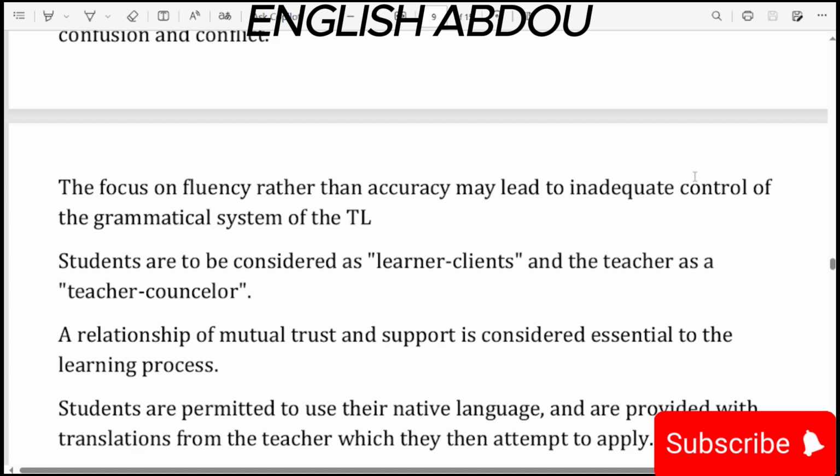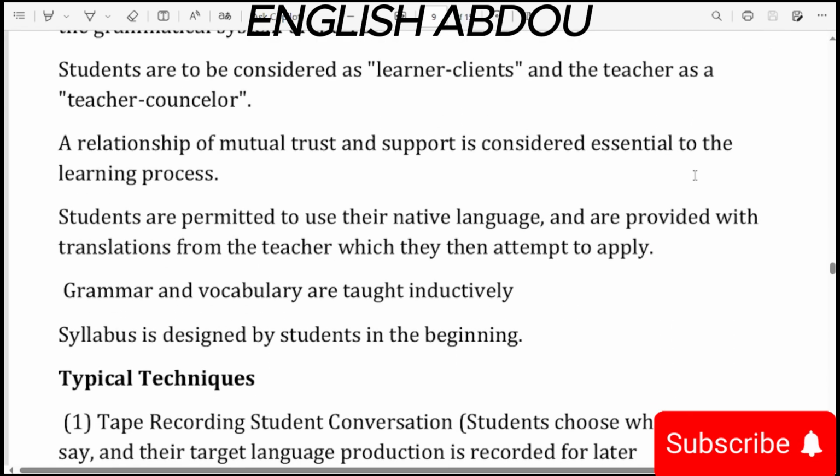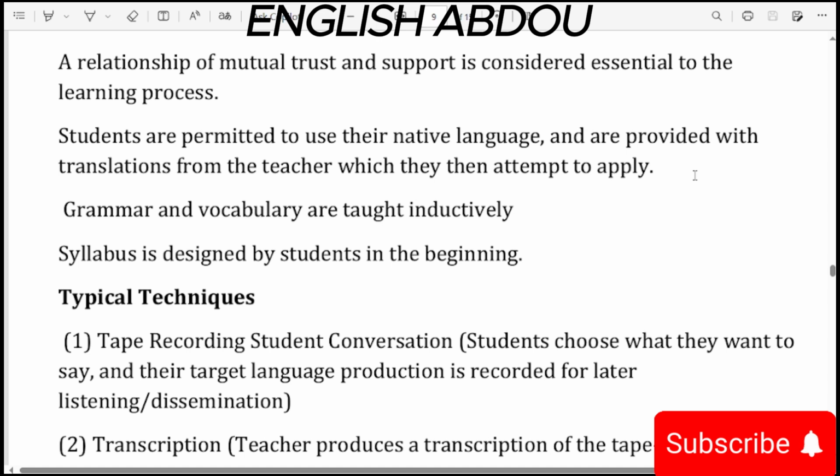Students are to be considered as learner clients and the teacher as a teacher counselor. A relationship of mutual trust and support is considered essential to the learning process between students and teacher and students with each other. Students are permitted to use their native language and are provided with translation from the teacher, which they then attempt to apply.